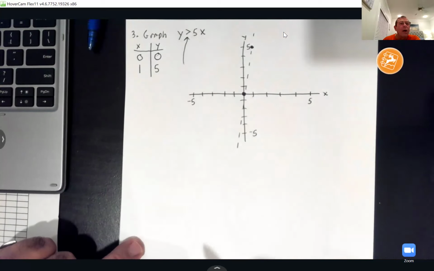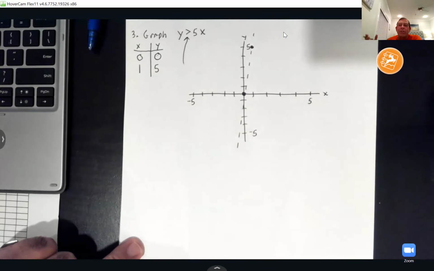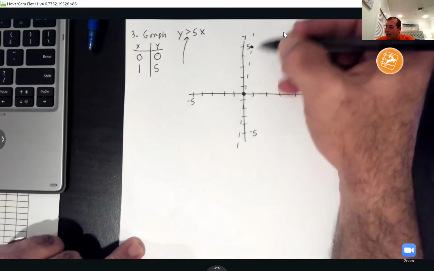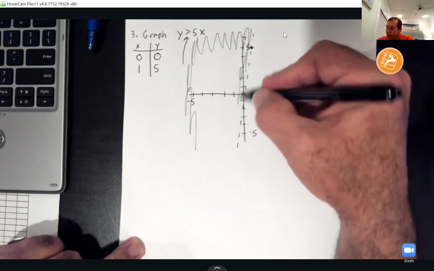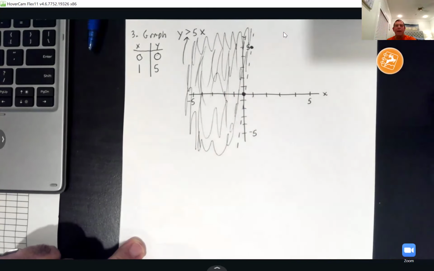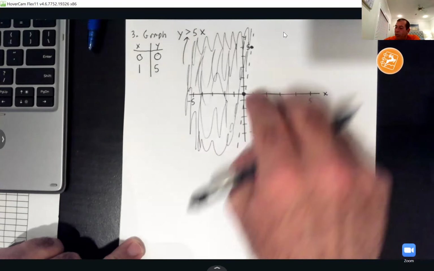Okay, I see it. Oh, one of y'all's right. One of y'all got me wrong. So remember, greater than is going to shade above the line. So above the line would be all this over here.